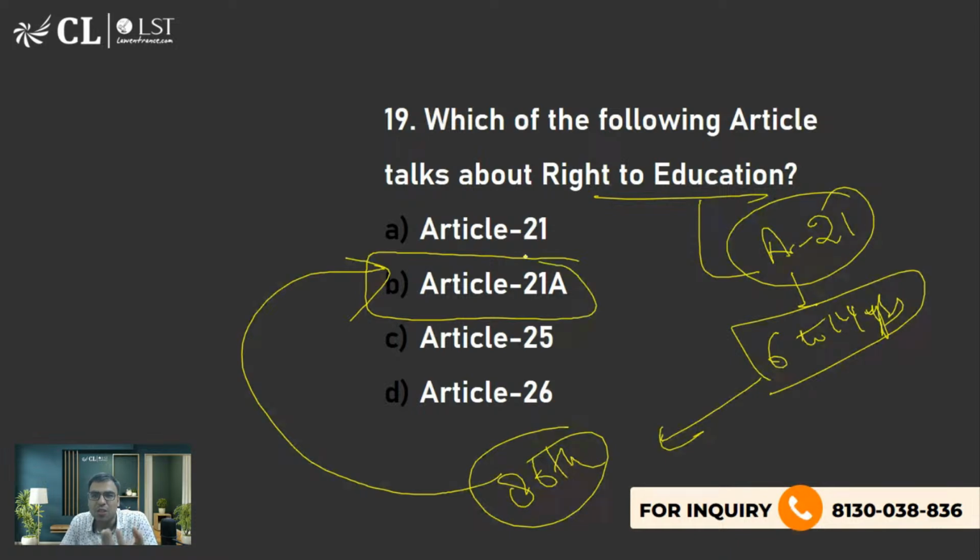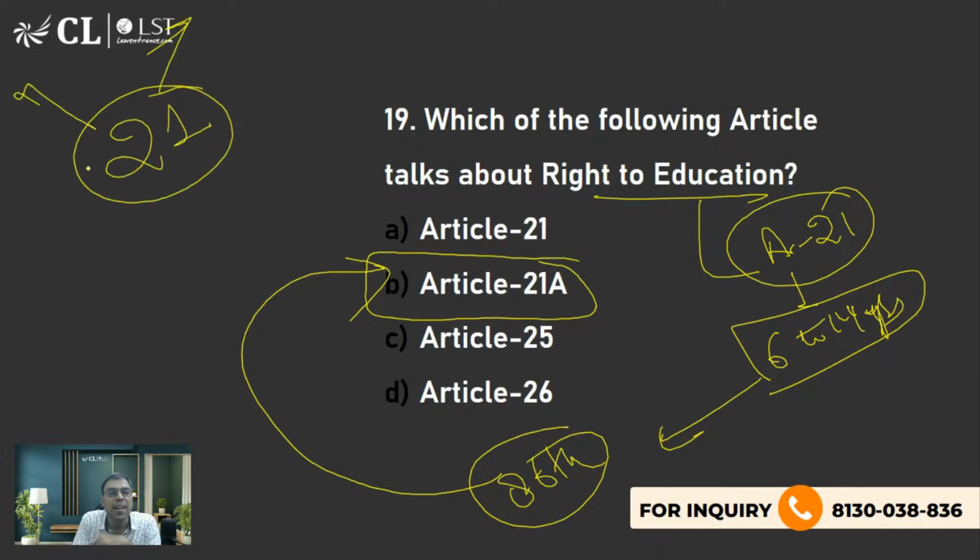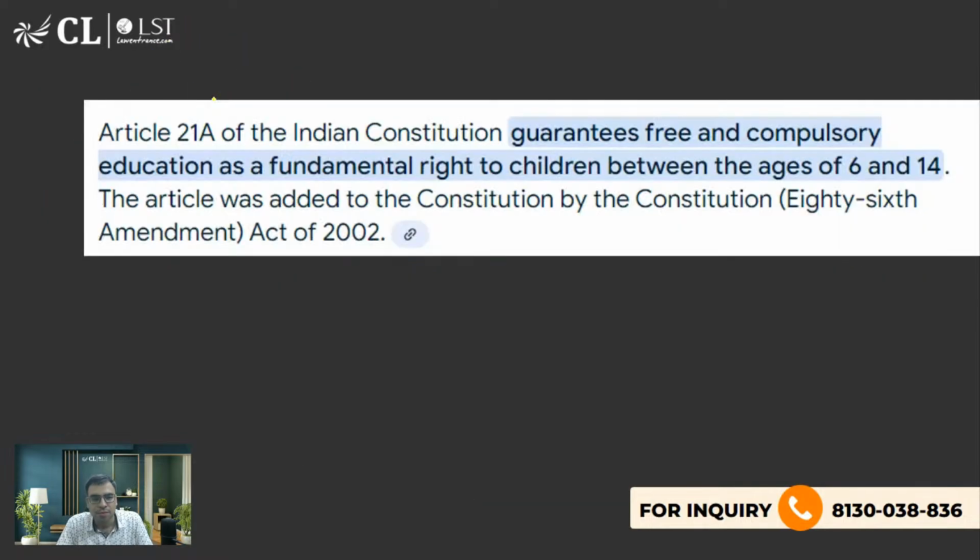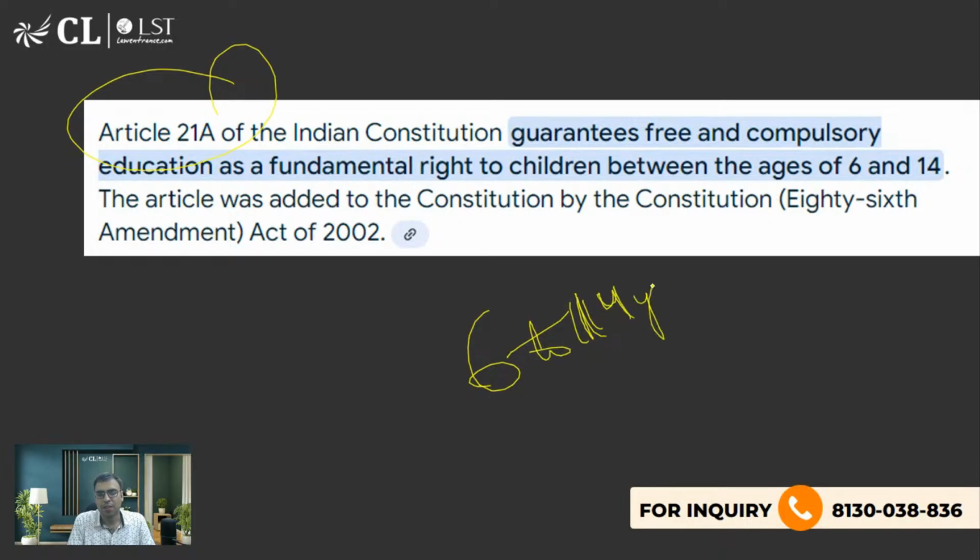Otherwise article 21 also because the Supreme Court had said. मैंने आपको बताया भी, I have made a separate video on article 21. सुप्रीम कोर्ट ने खूब एक्सपैंड किया 21 को. It has expanded a lot. That is what you should be knowing, है ना? 6 to 14 years के लिए elementary education, that is what you should be knowing.